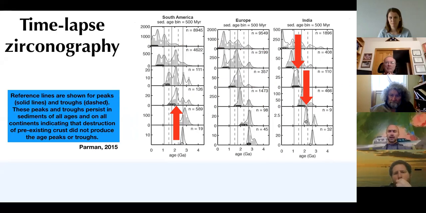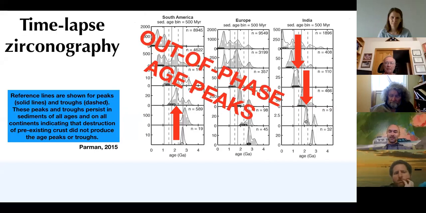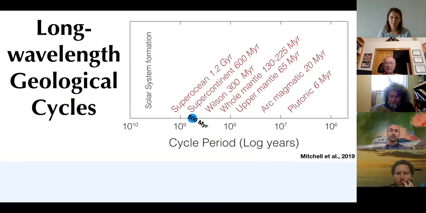And so this got me thinking about actually his title, this time-lapse zirconography. And so can we find an explanation for why some of these peaks are out of phase?